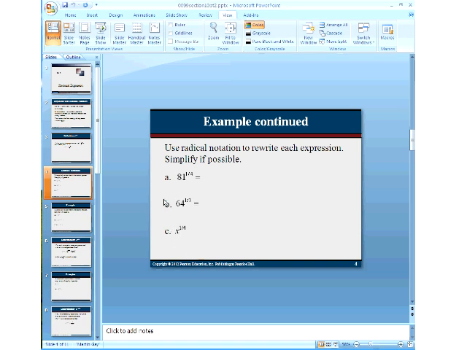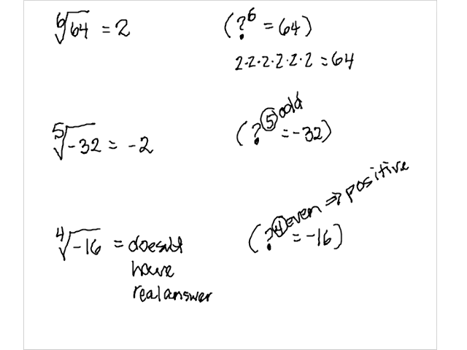When you're dealing with radicals and fractional exponents, when I have 81 to the 1/4 power, the denominator tells the root index.